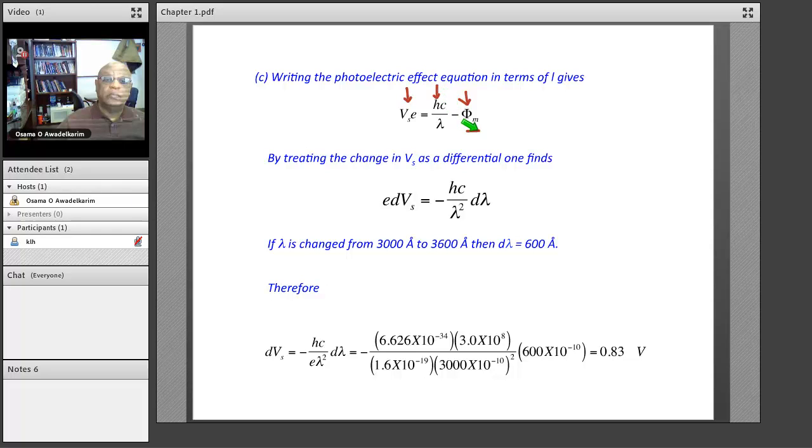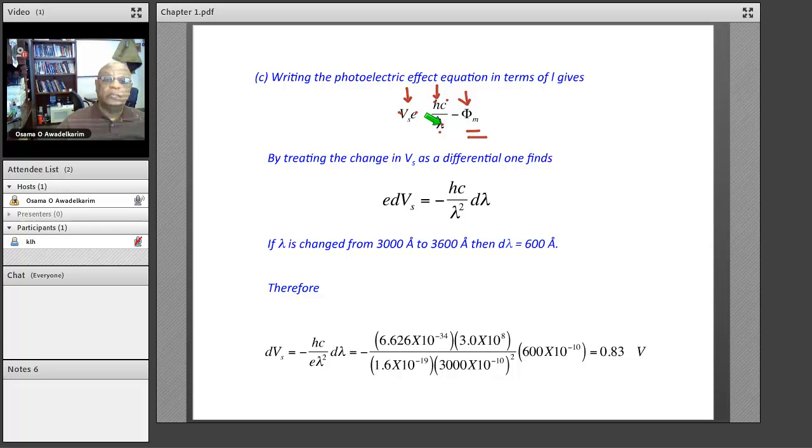Phi m is the work function of the metal, which is constant. But if we vary lambda, then we also vary Vs. c is constant, h is constant, e is constant. The only variables are Vs and lambda.